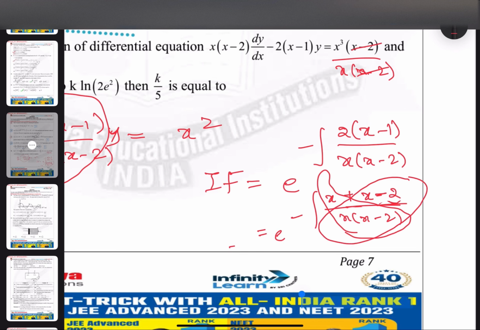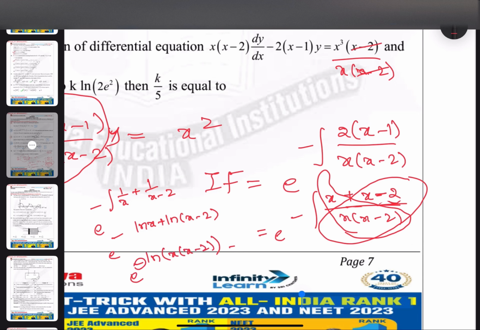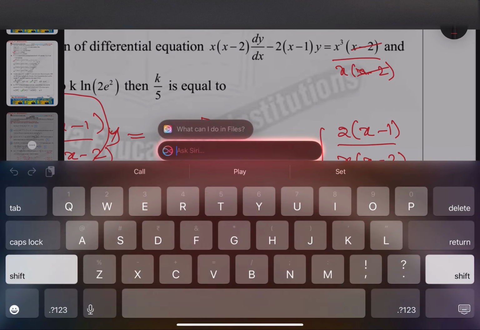So e to the power minus integral 1 by x plus 1 by x minus 2. So e to the power minus, so this is ln x plus ln x minus 2. So that is ln x into x minus 2, e power minus ln x into x minus 2. So when you take this minus 1, it will become power minus 1. So e to the power ln of something will be whatever quantity present here.